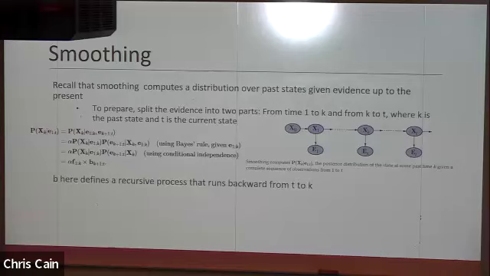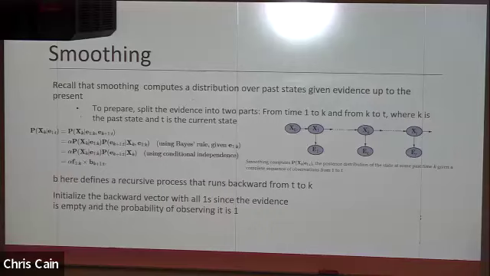So this is a recursive process running backwards from time t to k. We use recursion to calculate from 1 to k, and we use backwards recursion to go from t back to k. So kind of meeting in the middle.